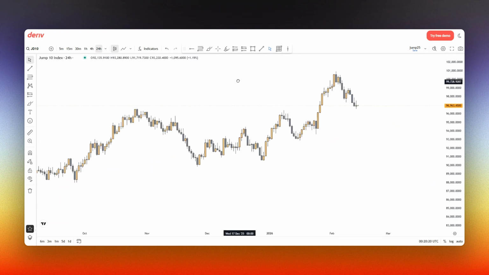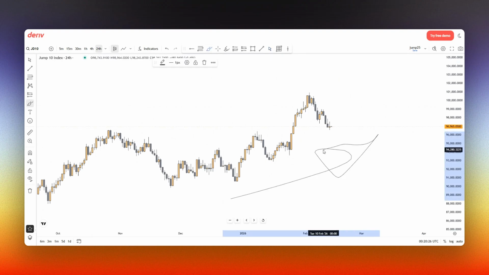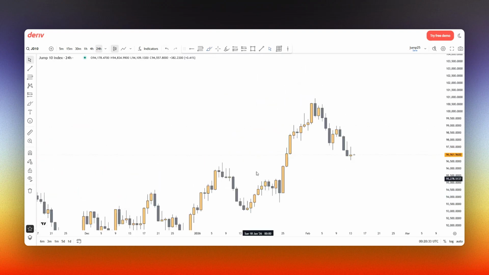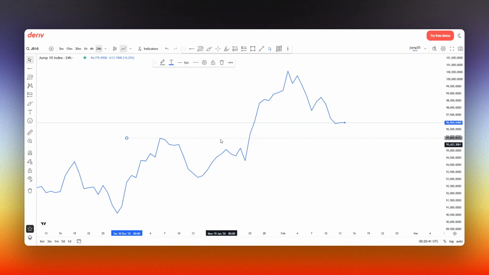Already, me looking at this, I can see it's an uptrend. The market is moving in an uptrend manner. So yeah, let me try and zoom in. What I can see is that this high was broken, but ever since the market broke this high, it has yet to come back and retest the level it broke out of.